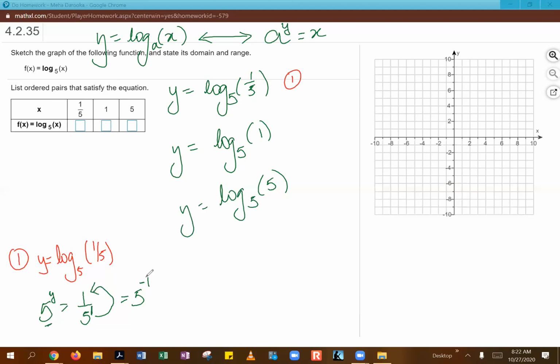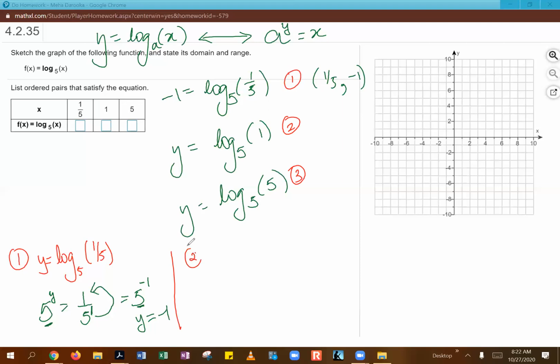So once we can get both of these bases to be equal to each other, we can basically end up saying y equals -1. And so that's how you actually come up with this ordered pair of 1/5 for the x value, and then your y value would be -1. And that's obviously the same process we would use for the second and our third ordered pair over here.